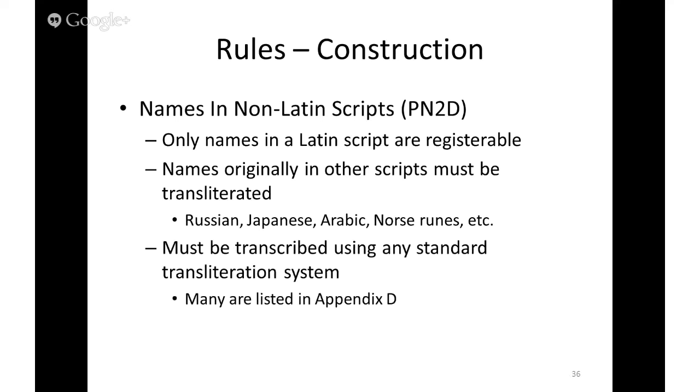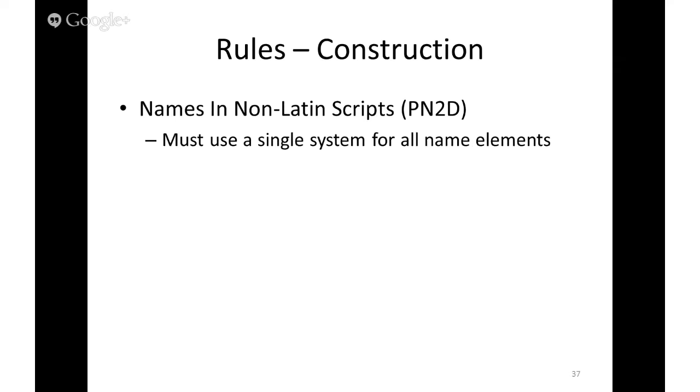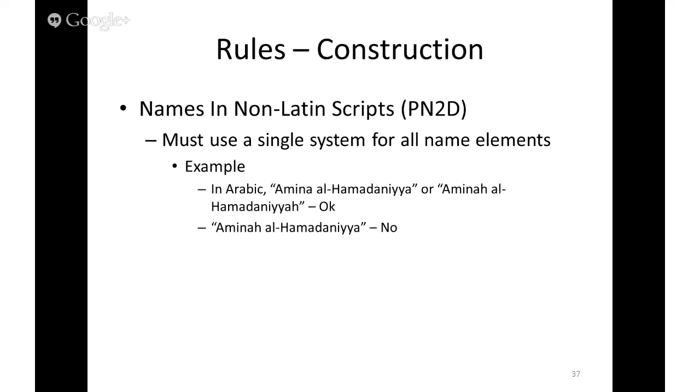Now the rule is you have to use any standard transliteration system. And Appendix D of CINA lists a bunch, but you're not limited to those. You just have to be consistent. You have to use the same system for all the name elements. So for example, in Arabic, the name Amina al-Hamadaniya can be transliterated one of 2 ways.